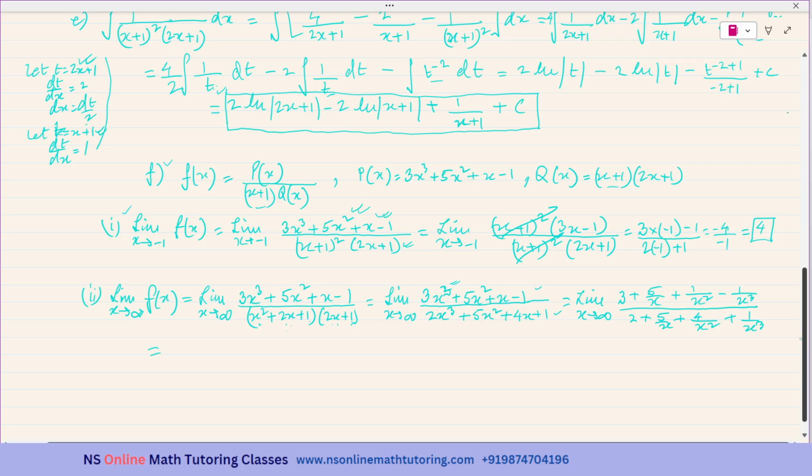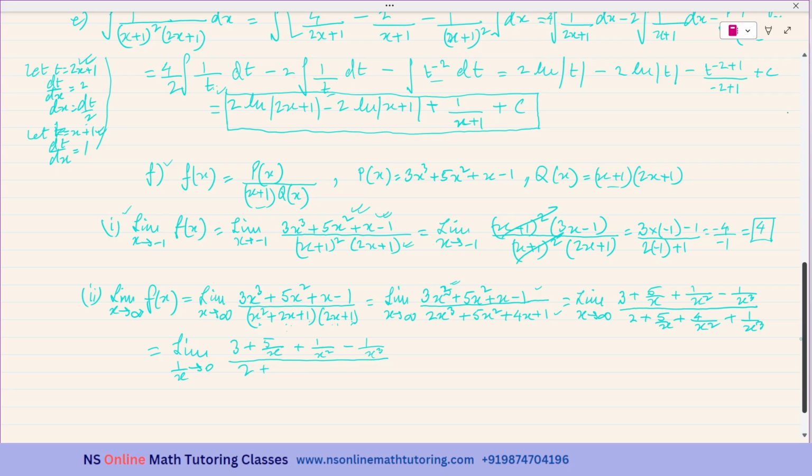And this can be written as limit 1 over x tends to 0. So 3 plus 5 over x, which will be equal to 0, plus 1 over x². 1 over x tends to 0, so 1 over x² will also be tending towards 0. Next term will also be tending towards 0.